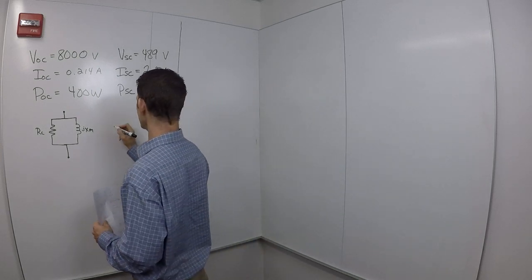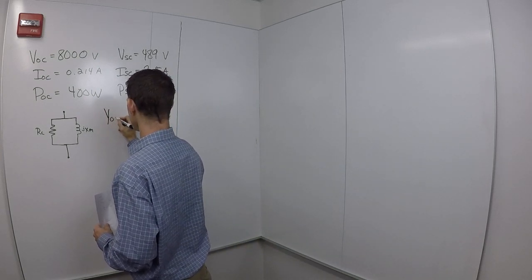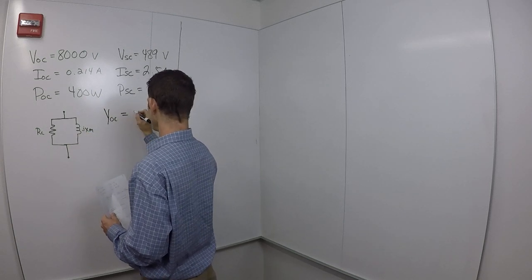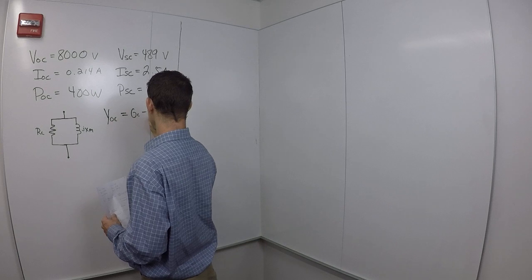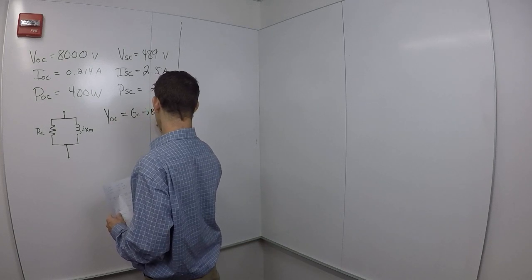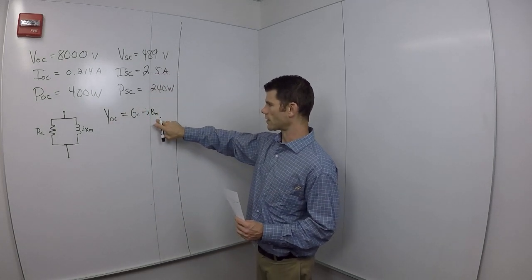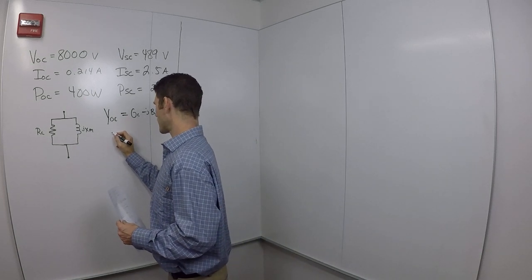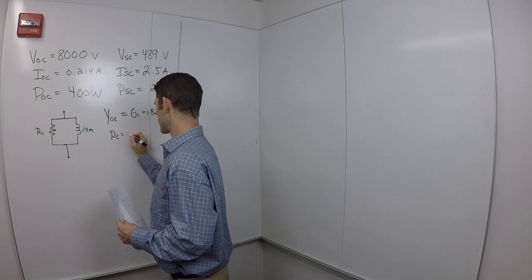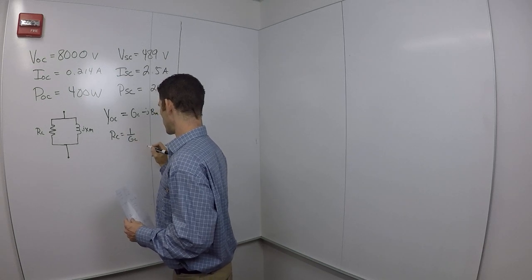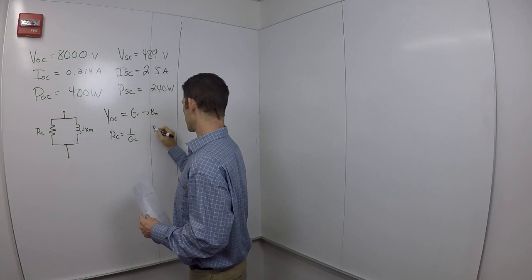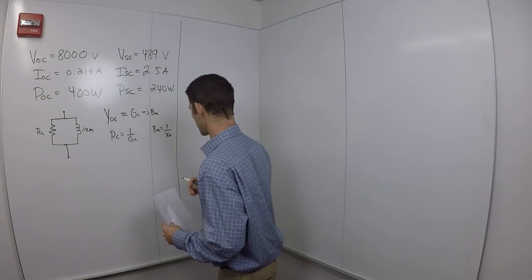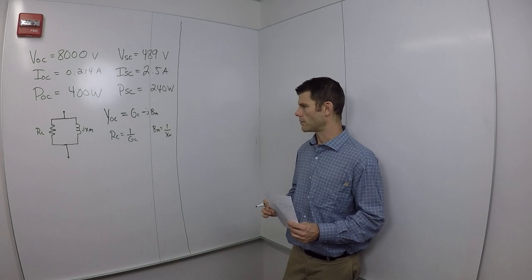So to get the admittance, we could say the open circuit admittance, which would be the admittance of this branch right here, is going to be equal to the conductance minus J times the susceptance. Okay? Where the conductance is the reciprocal of the resistance, and the susceptance is the reciprocal of the reactance.